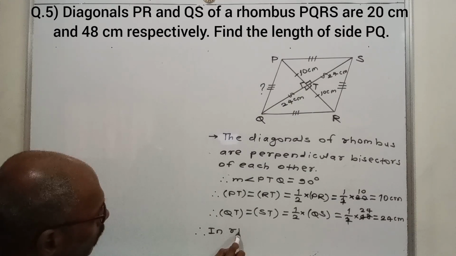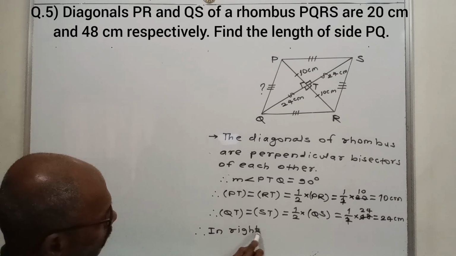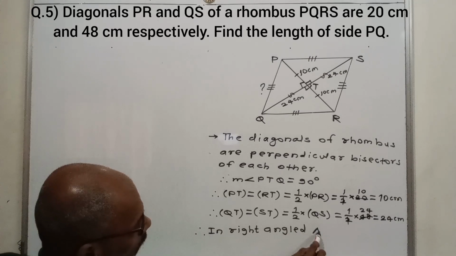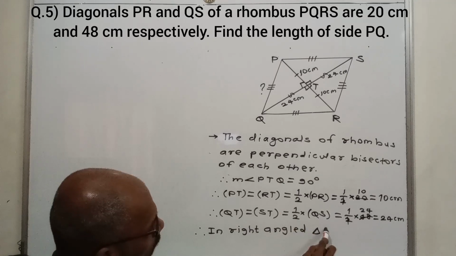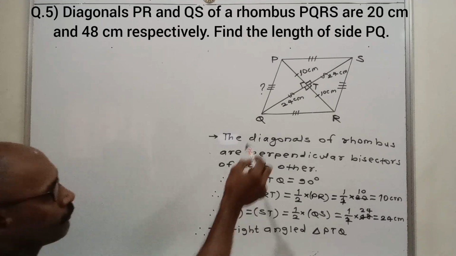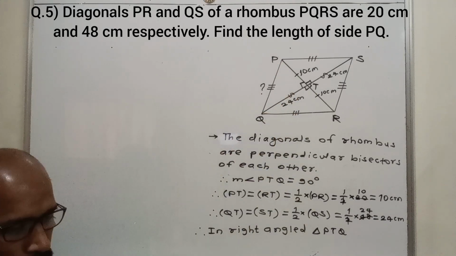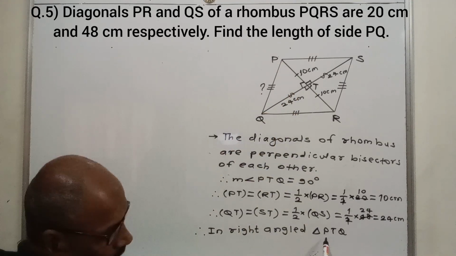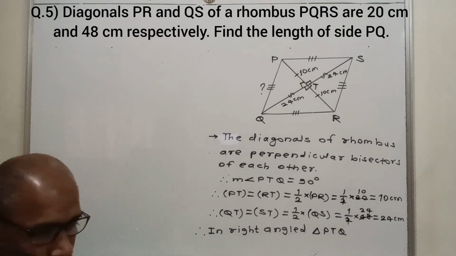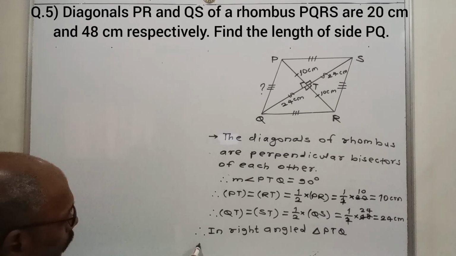Therefore, in right angled triangle PTQ, we want to find PQ, so we select triangle PTQ, right angle triangle PTQ.